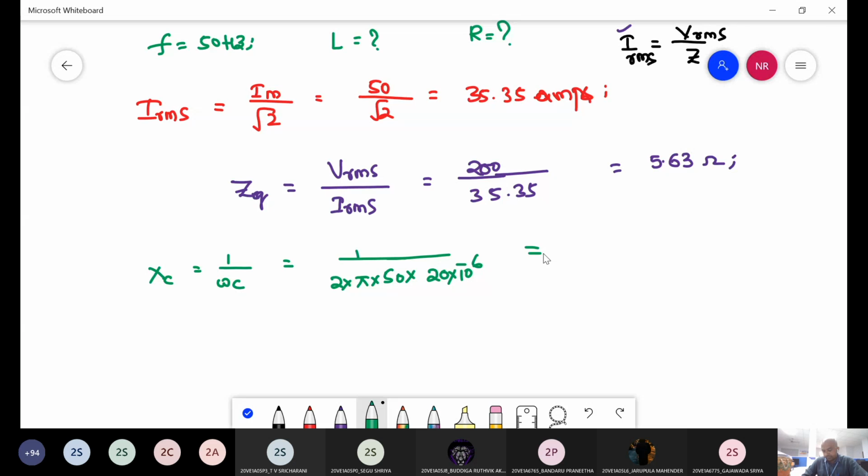Calculate it. XC is equal to 159.15 ohms.